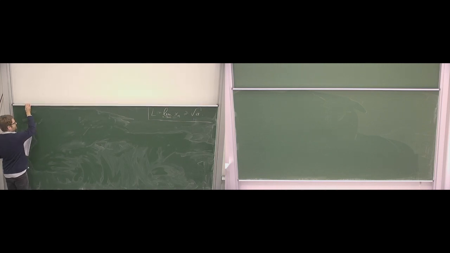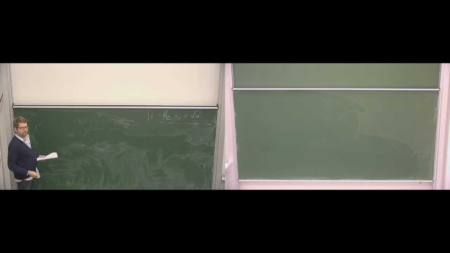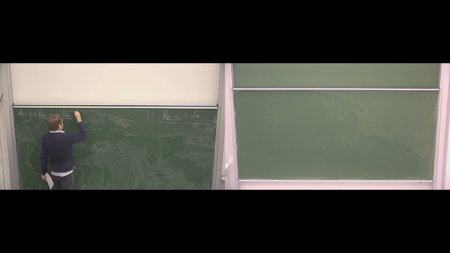And now we can use the recursion formula of the sequence to really compute the limit, which we shall see now. So it holds that L is the limit as n goes to infinity of xn plus 1, which is then the same, by just inserting the recursion formula, as the limit as n goes to infinity of 1/2 times xn plus a over xn.